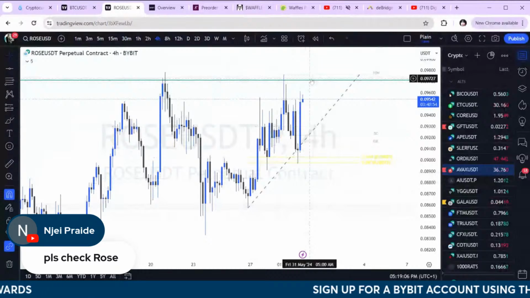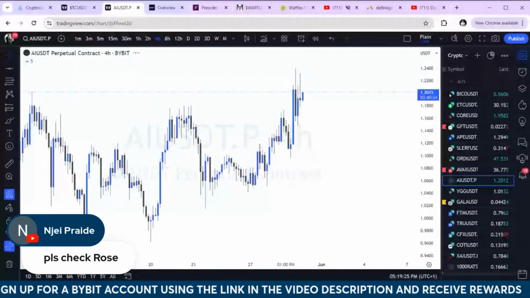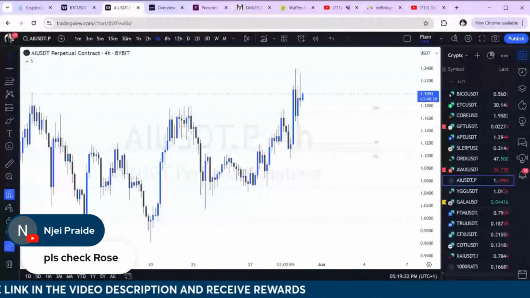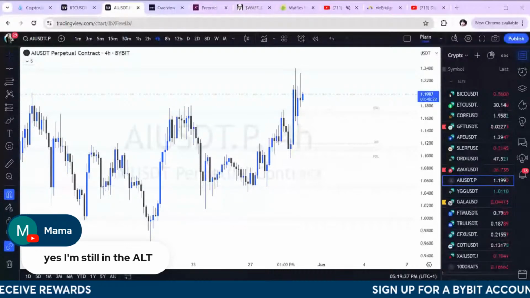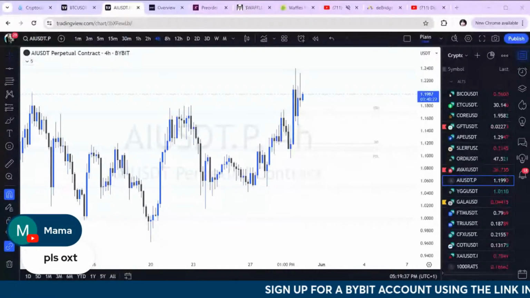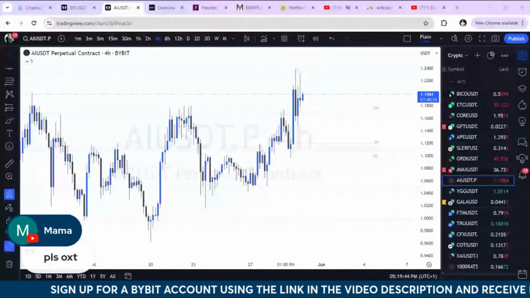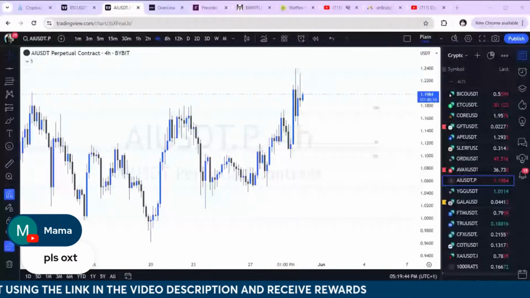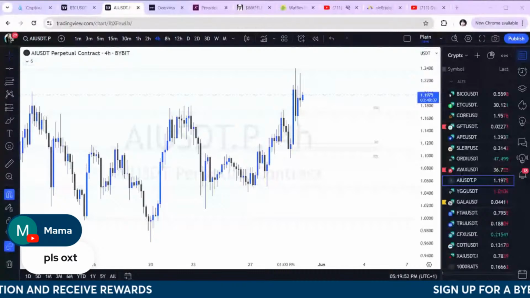But right now, I think I won't be able to continue because this thing is actually delaying me. That's because of the poor connection that I have. My chart takes a lot of time to load, and I can't even switch to another one. OXT, you bought OXT, right?